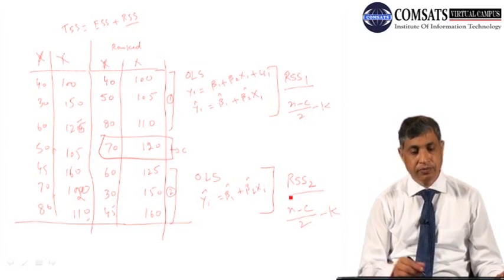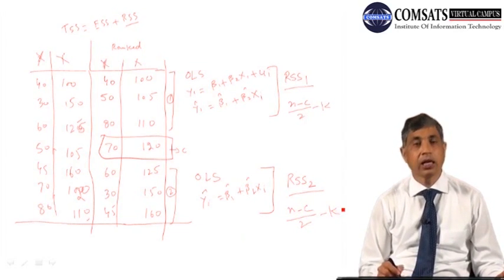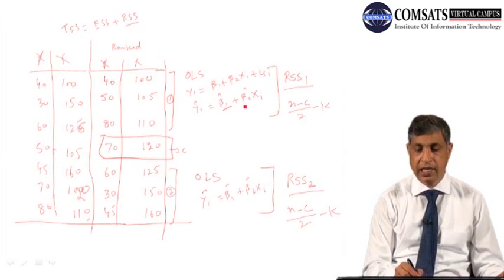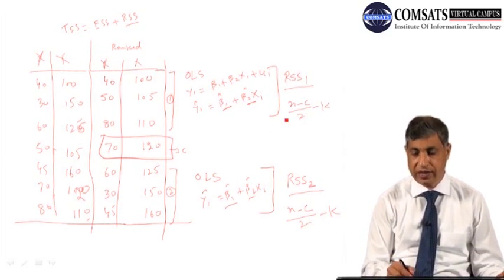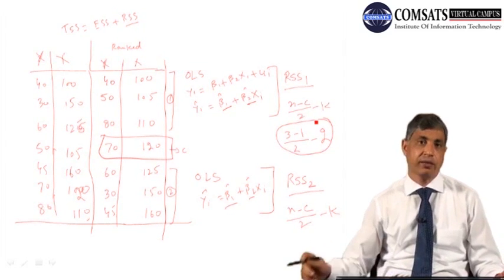N is here 3, in this group 3, and C, you omitted one value, that is 1, so 3 minus 1. And what is K? The number of parameters to be estimated. So these are 2 parameters here as well as 2 parameters here. So if I want to calculate the degrees of freedom, it will become n minus c over 2 minus k, that is 2. This way we will be calculating the degrees of freedom.